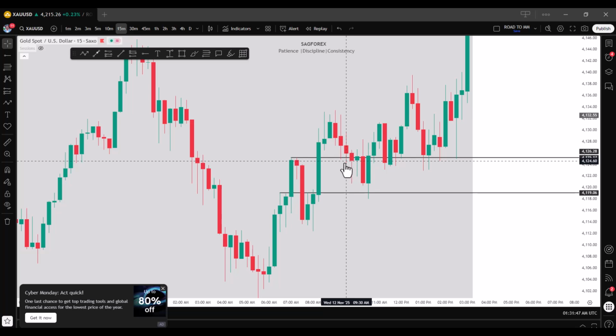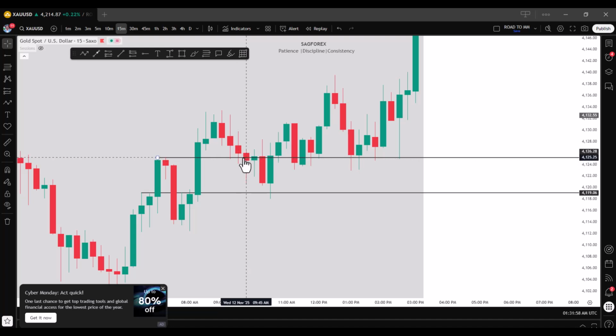Now the first thing that happened over here is not enough for us to use as a benchmark to enter a trade. You could see, fine, we have some body of a candle right here, but that is not enough. There's a lot of wick around this area, and that is not what we want to see.